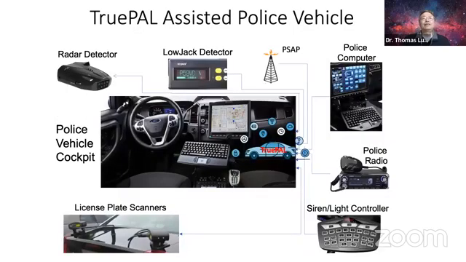So first, we can see that this is a typical police vehicle cockpit. Because of technology advancement, you have more and more instruments in the police vehicle, and they are just scattered around. And can you believe you still have a computer screen and a keyboard and also a mouse?